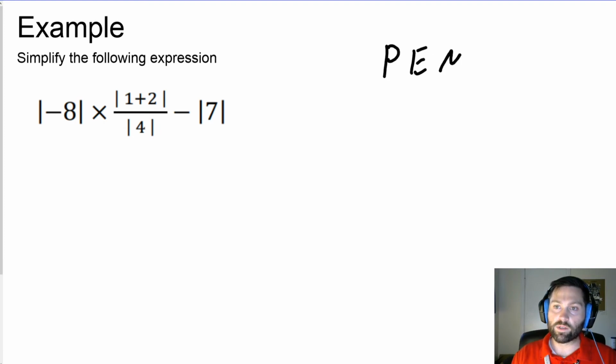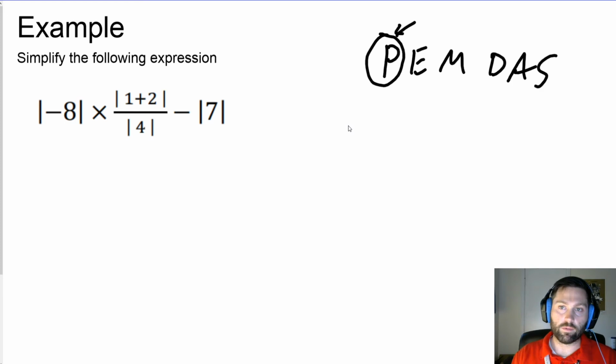In the PEMDAS order of operations, absolute value is here, and that puts anything inside the parentheses, like this 1 plus 2, first.